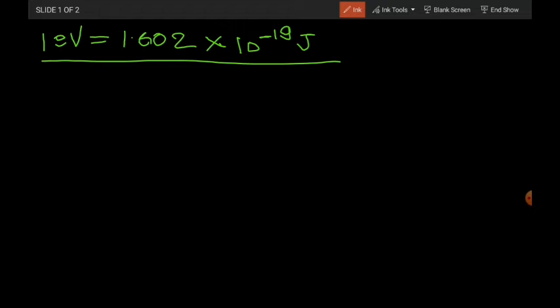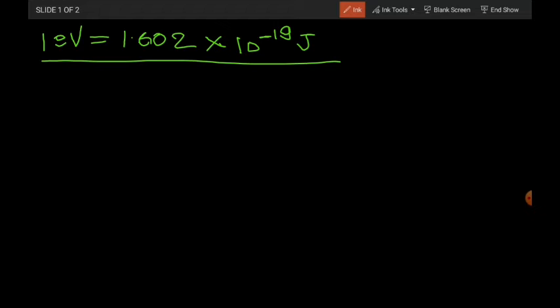We also have to learn that the unit of work function is electron volt, and 1 electron volt is equal to 1.602 into 10 to the power minus 19 joule. This is the value of 1 electron volt.